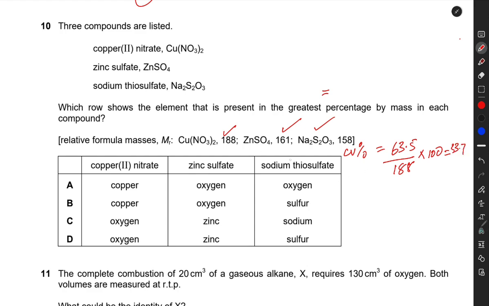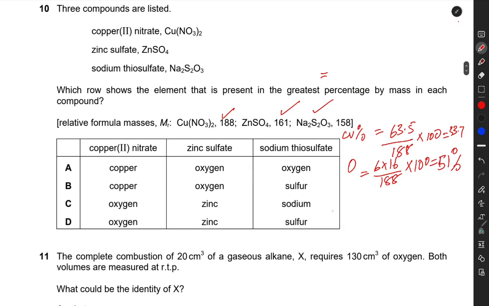Oxygen is equal to 6 into 16 divided by 188 into 100, which is 51%. There is no nitrogen, so no need to calculate the nitrogen over here.